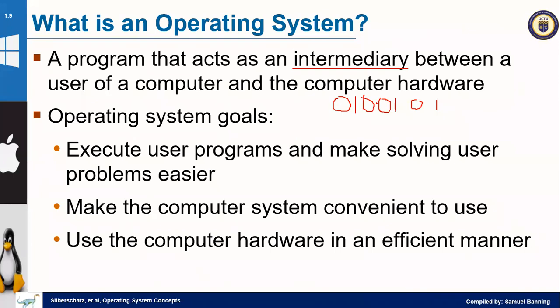The operating system also uses the hardware in the computer system efficiently. Whenever we mention efficiency, let me underline this word. So convenience, efficiency, and ease. These are the prime goals of the operating system.